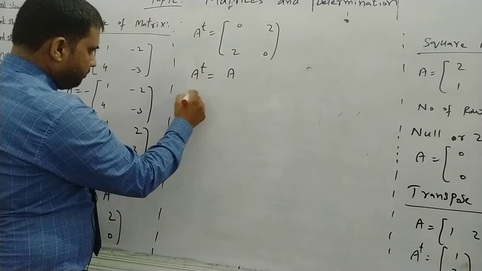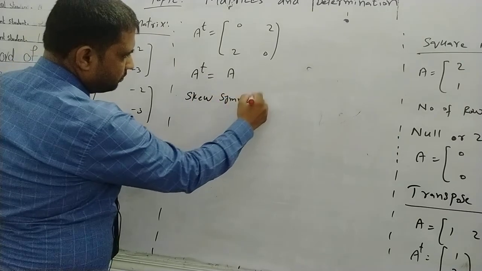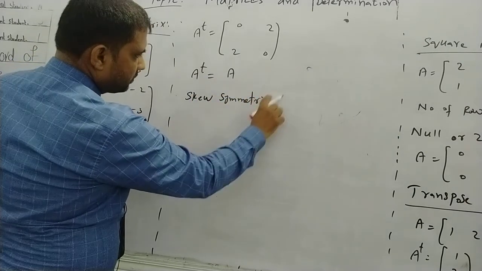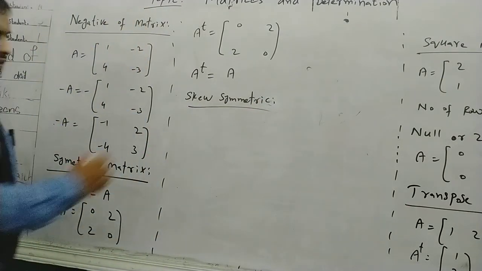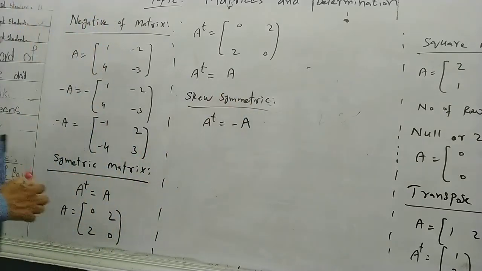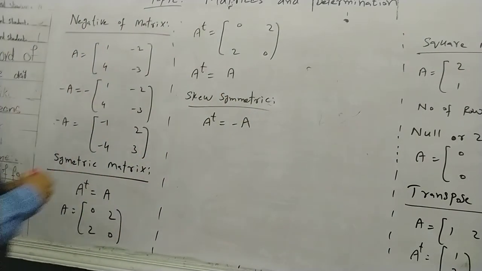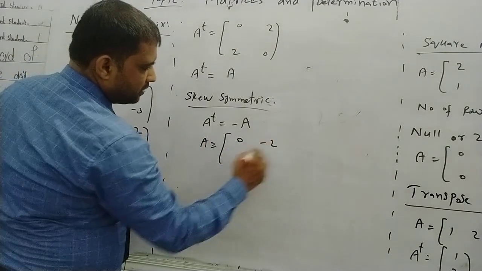Skew symmetric. In a skew symmetric matrix, similarly, transpose of A is equal to minus A. Like A is equal to 0 minus 2.